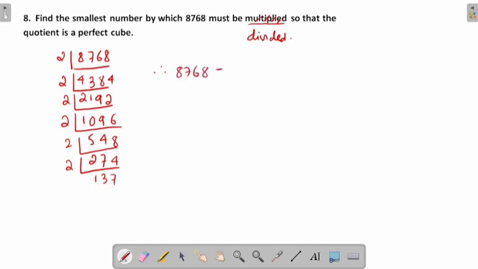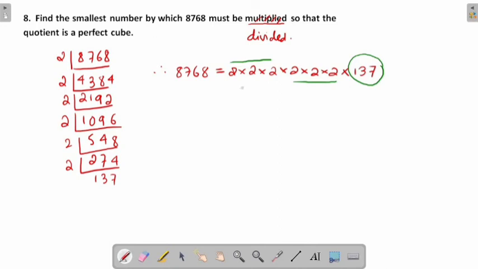So 8768 is equal to 2 into 2 into 2 into 2 into 2 into 2, six 2s in all, and we have 137 also. First and foremost, to make it a perfect cube, we form the triplets. This is one triplet, this is another triplet. Now we are having a problem with 137.